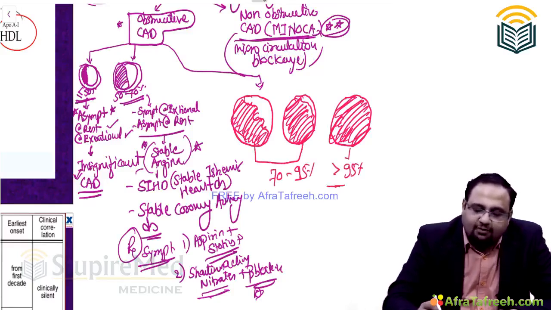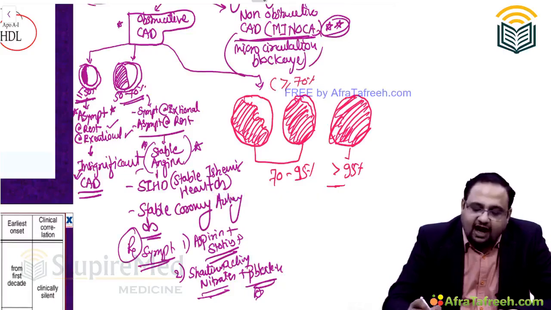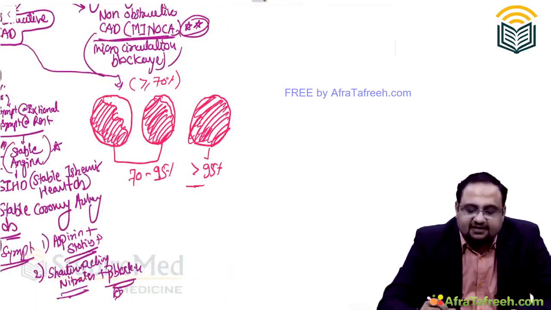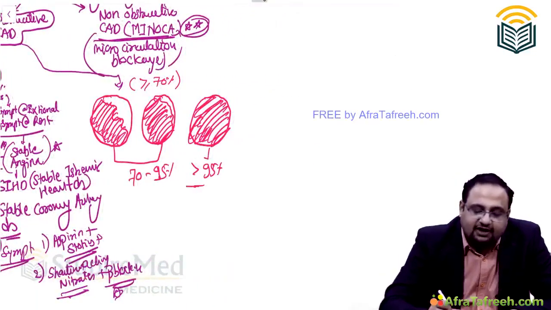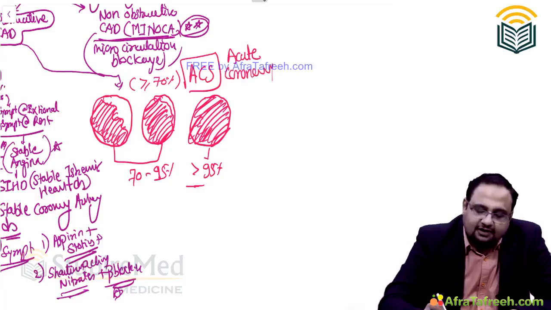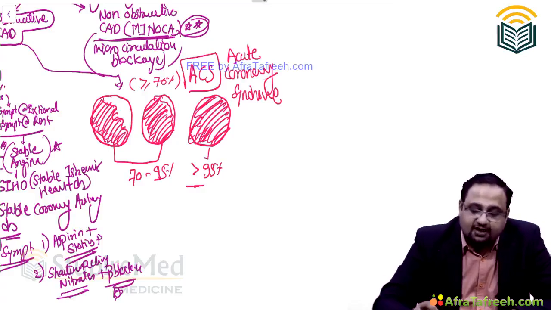So any blockages of more than or equal to 70%, please concentrate, such patients are to be called as acute coronary syndrome. Why is it called acute coronary syndrome?